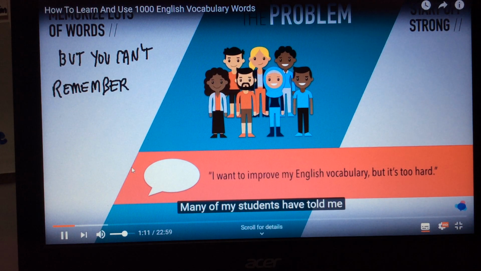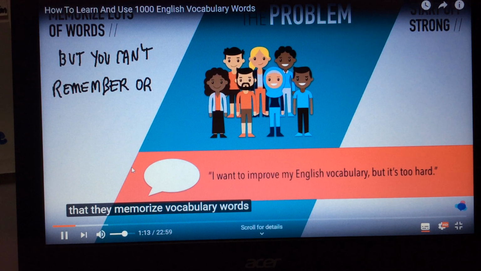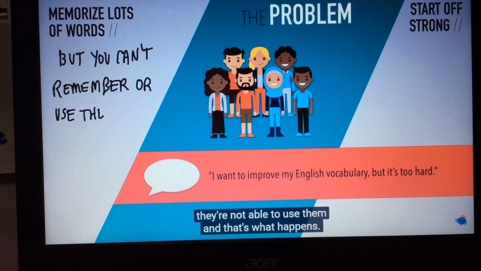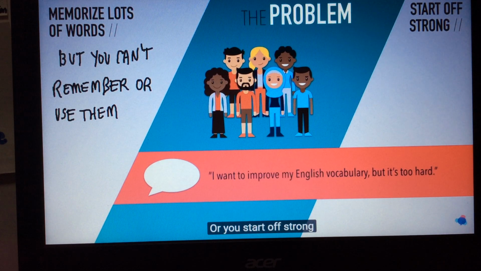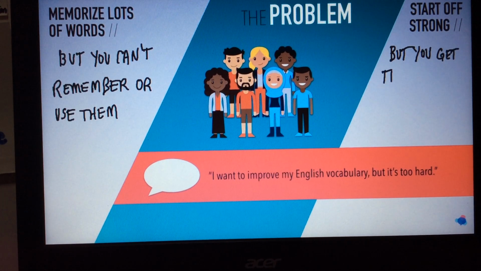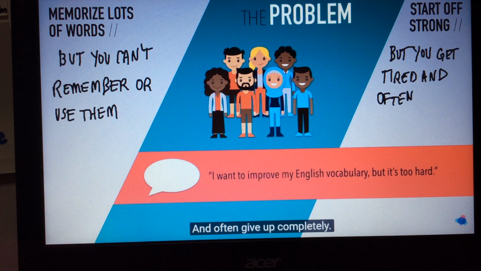Many of my students have told me that they memorize vocabulary words, but then when they get in conversations, they're not able to use them. And that's what happens. Or you start off strong, but what happens is you get tired and often give up. Okay? And often give up completely.